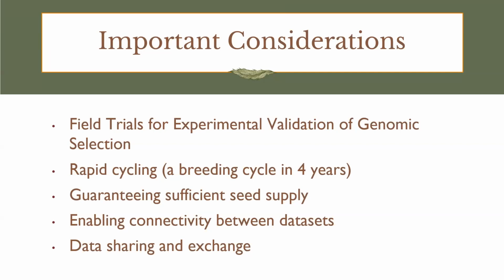But we also need to make sure that we guarantee a sufficient seed supply if we go through reduction of cycles to make sure that at the end we're able to get enough seed for doing what we need to do. And then enabling the connectivity between the data sets and data sharing and exchange.